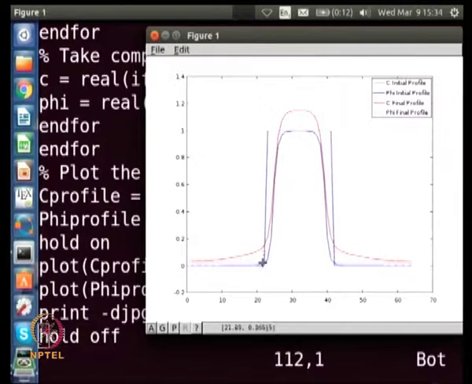On the other hand, the phi profile always remains at 0 and 1. Composition, depending on the size, will change, and here also it is trying to increase by the same amount, right, because of the Gibbs-Thomson effect. So this is a model.